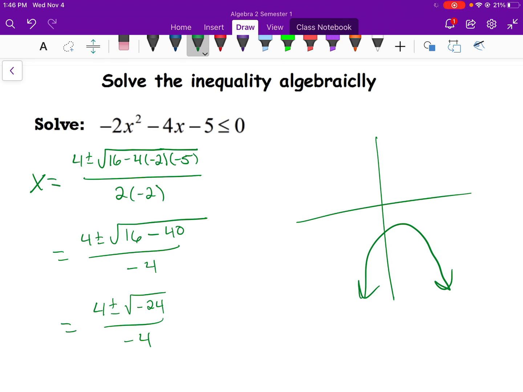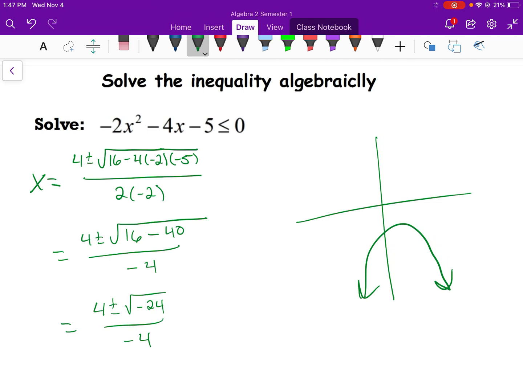We know that because we have imaginary solutions, meaning it does not cross the x-axis, and we also know that it opens down, so it has to be somewhere below. That's not the exact graph of it. I'm just indicating that it doesn't cross the x-axis and it's opening down, so it's somewhere in quadrant 3 or 4.